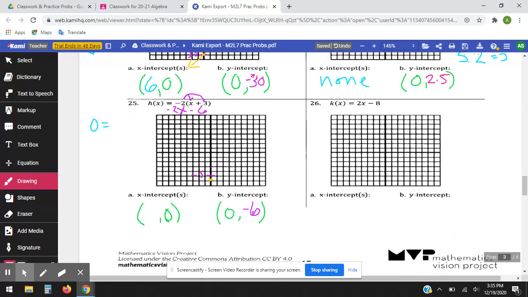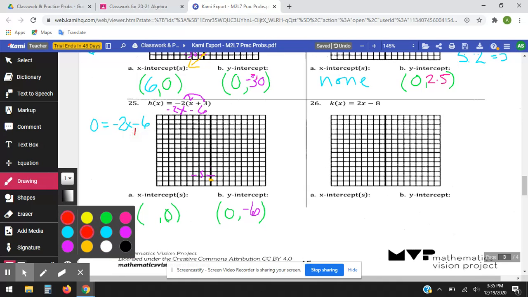Okay, let's plug in our 0 for y. 0 equals negative 2x minus 6. First step, cancel out my minus 6 with the opposite, plus 6. That leaves on this side 6 equals negative 2x. To get rid of a times negative 2, I need to divide by negative 2.